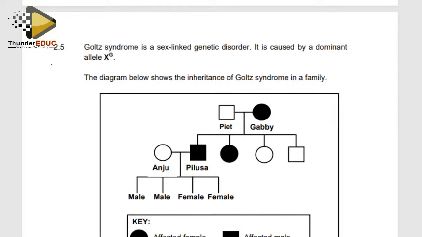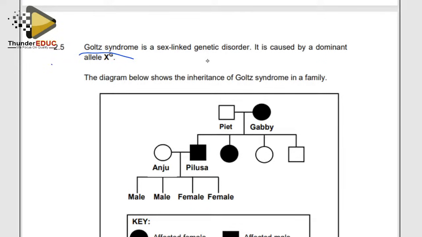All right. They're saying that this disorder is a sex-linked genetic disorder. It is caused by a dominant allele. Meaning that whenever you see it is shaded, it must have that.